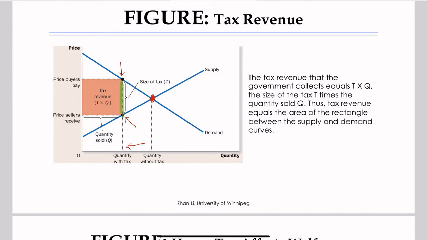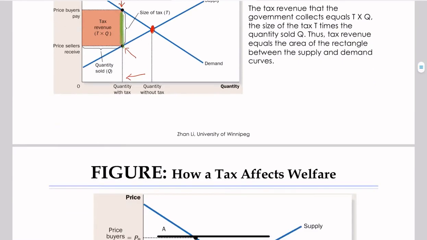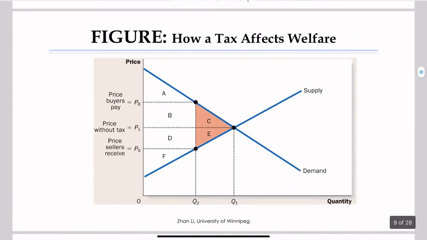But now our focus is about efficiency, right? When you're talking about efficiency, you will use the concepts of consumer surplus and producer surplus. So let's analyze how the welfare, how the efficiency will change because of this tax.